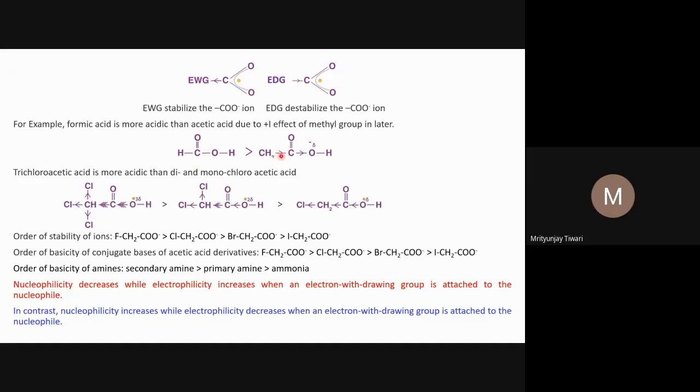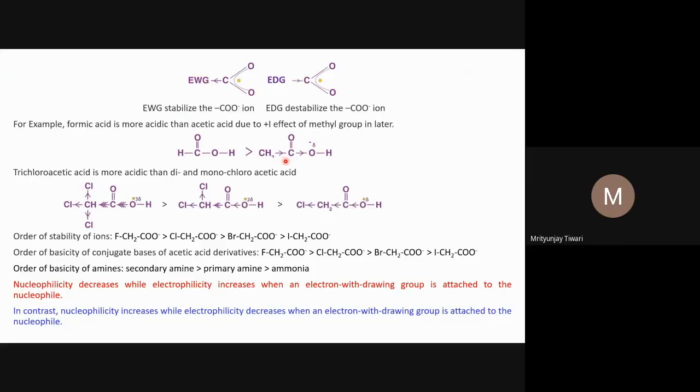Because of this electron donating effect, the conjugate base, the acetate ion, will be less stabilized, and so this acid will become a weaker acid. The formate ion will be more stabilized because it doesn't have anything to push electron density towards the carbon atom, and so formic acid is a stronger acid than acetic acid.